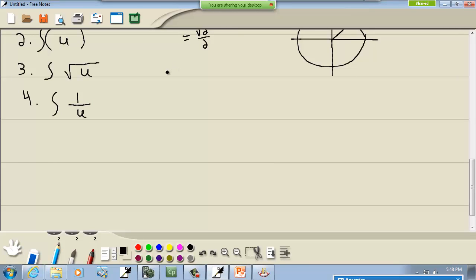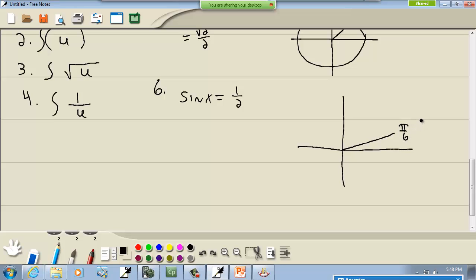Number 6 goes right along with that. Got sine x is equal to 1/2. Oops. Try that again. Okay.